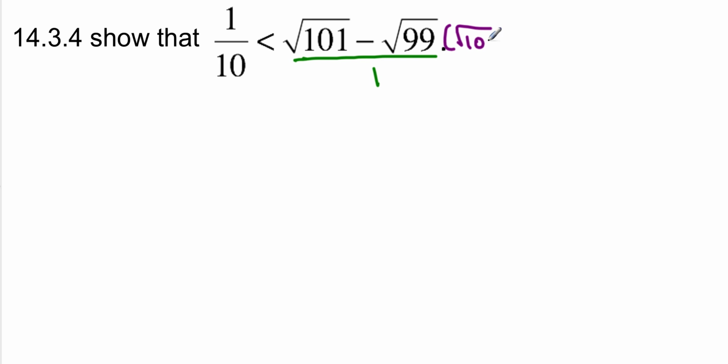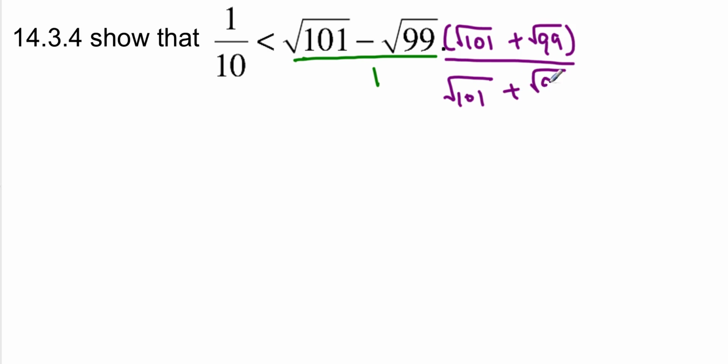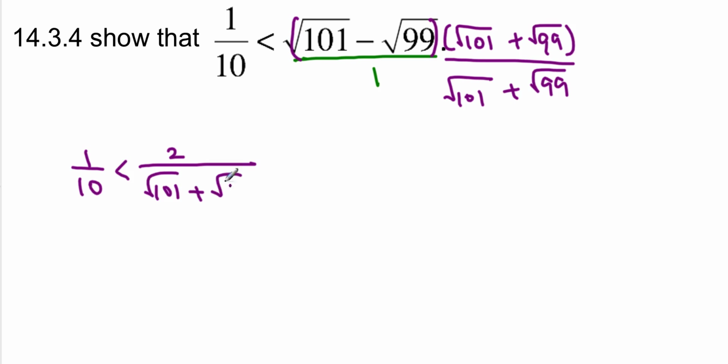So radical 101 plus radical 99 over radical 101 plus radical 99. Then you get to see that 1 over 10 has to be less than 2, because of the difference of squares. So we get 2 over radical 101 plus radical 99.